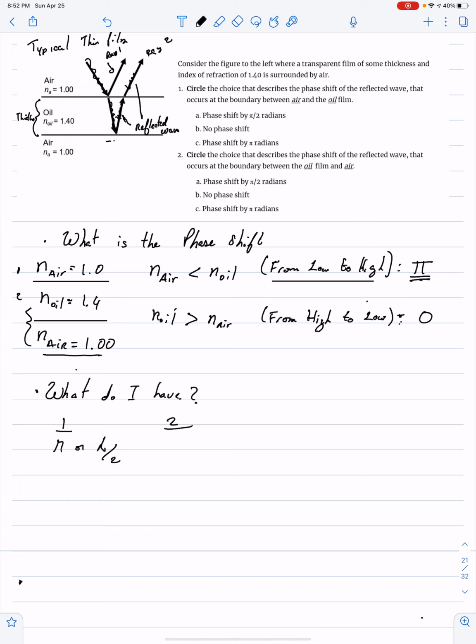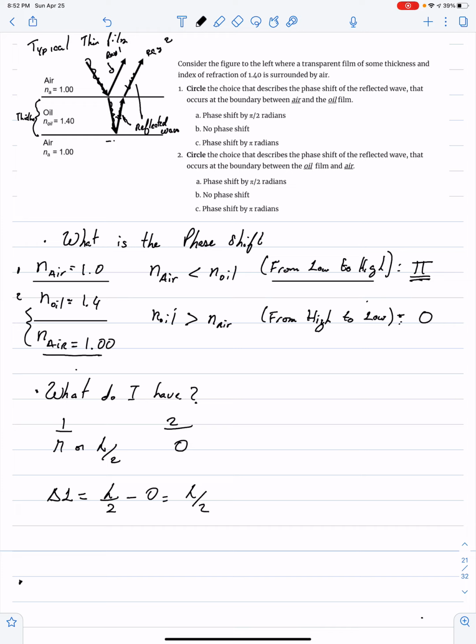But in scenario 2, once you pass the air, you have 0, so there was nothing. So overall, the change in phase was lambda over 2 minus 0 equals lambda over 2.